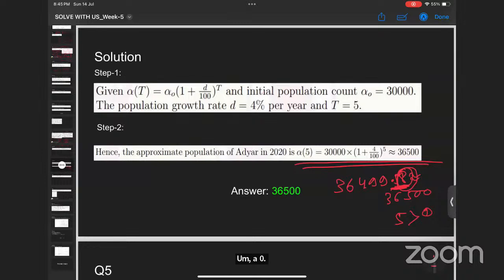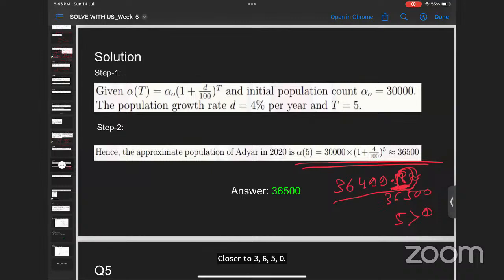We should make it an integer and give the answer. You have to calculate the closer value. So if we get this type of value after the decimal point, if this is 5859 something, then it will be closer to 36500. So yeah, this is the answer.